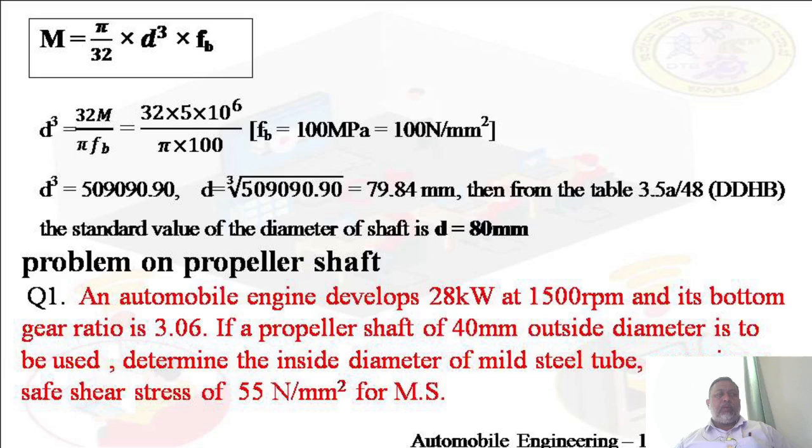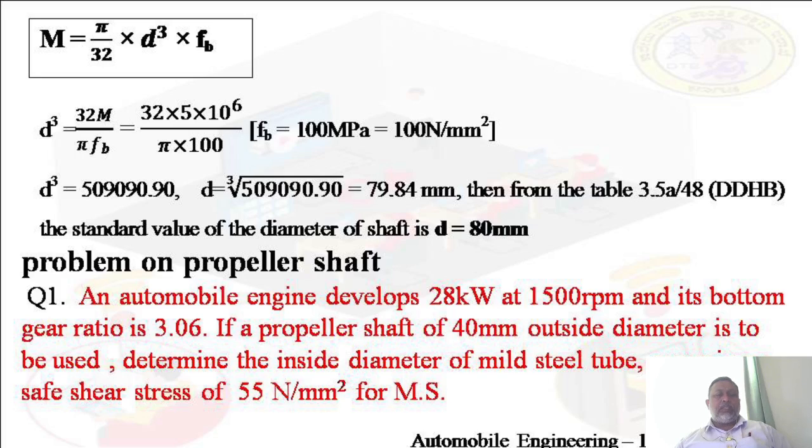I is multiplied here, pi d 4 by 64, and y is half the diameter, that is the radius. It is nothing but the distance between the neutral axis and the extreme fiber. So it is d by 2, and I substitute the values in the moment equation.